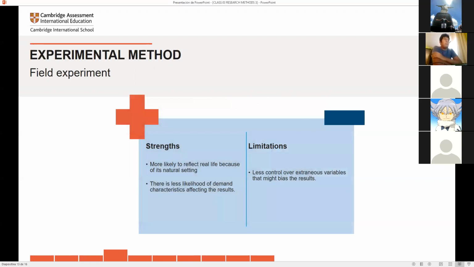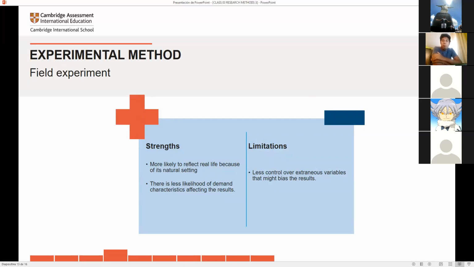Okay, we have as a strength that the field experiment is more likely to reflect real life because of its natural setting. Because some of the time we don't even tell the participants they are being watched, observed, or tested, or that they are part of an experiment. In the strengths, there is less likelihood of demand characteristics affecting the results.